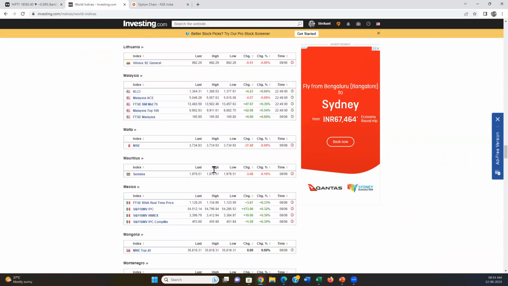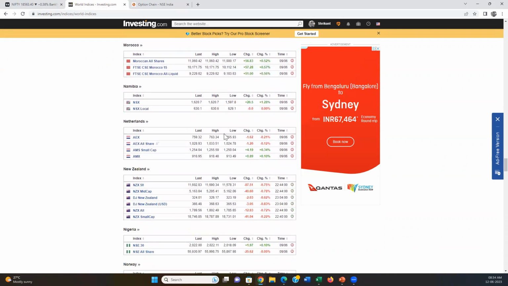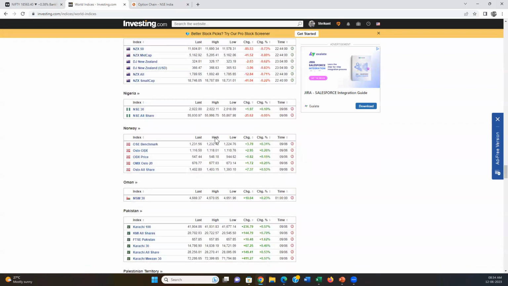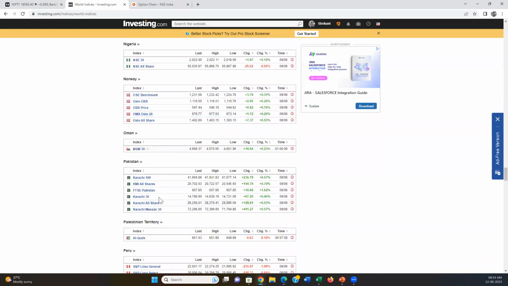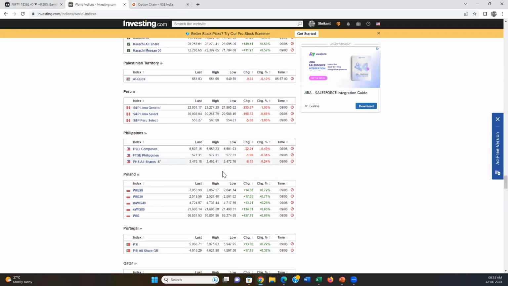Malaysia flat. Netherlands slightly negative. New Zealand negative, today's one. So mixed emotions in the market. Pakistan, ignore Pakistan.